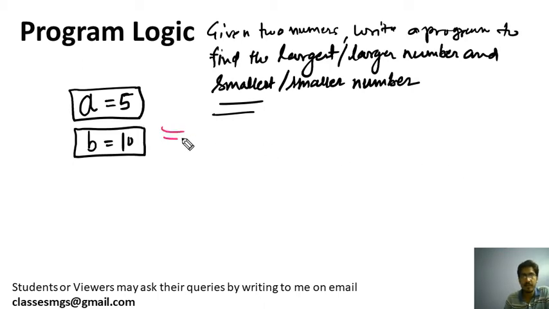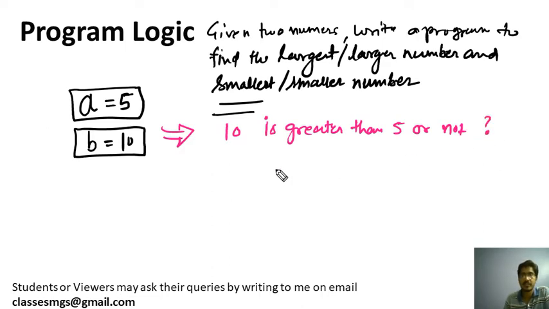In your mind, you check whether 10 is greater than 5 or not. You ask this question to your mind. You have learned the tables and you know 5 is the smaller number, 10 is the larger number, and you say yes, 10 is greater.